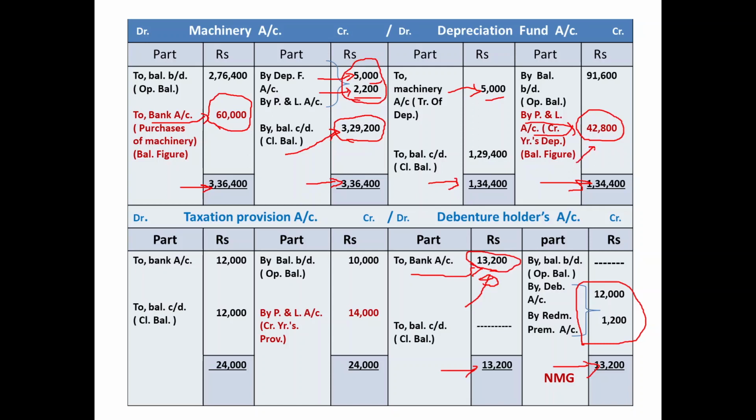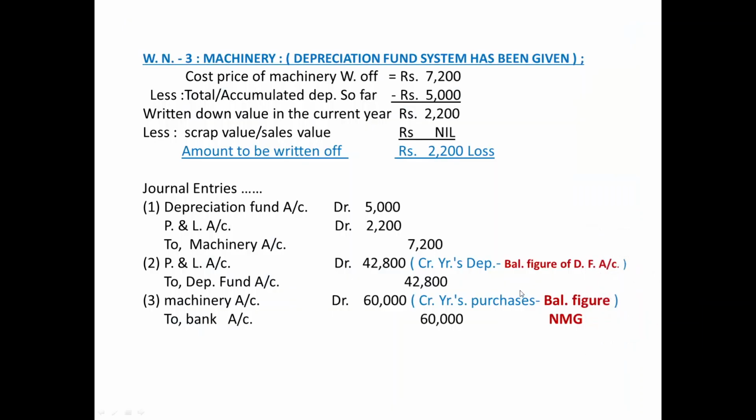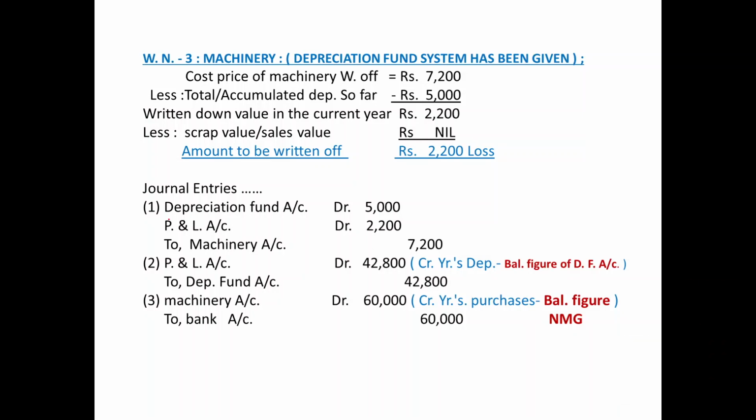The journal entry: profit and loss account debited to depreciation fund account credited. See how we have reported those journal entries over here. First, we already reported.